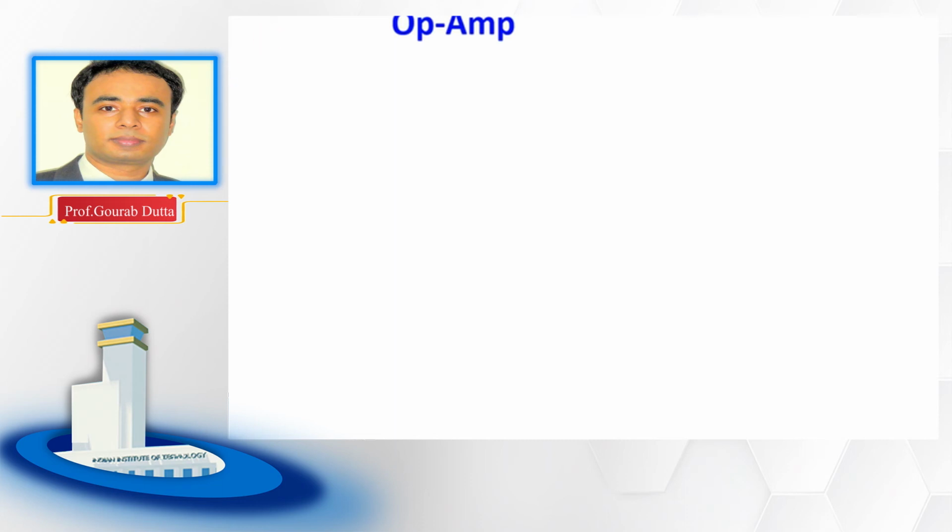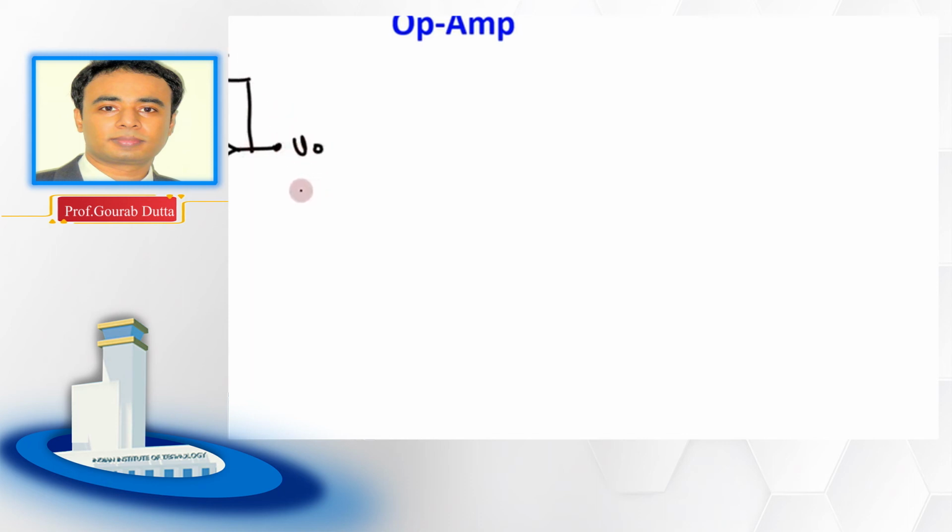So for this, let us consider this circuit. So as this is a non-inverting amplifier, let us say that this is the input Vi, right? This is one resistance R1, maybe I will write it clearly here. This is R1, this has been grounded, and this is another resistor R2.